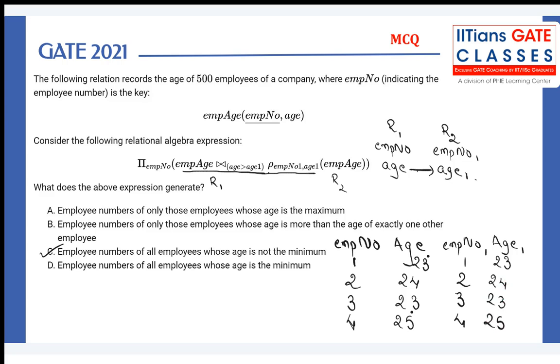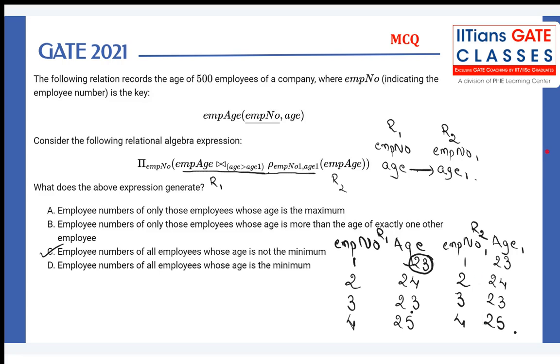And you are trying to do a join based on the condition that the age is greater than age 1. So first look at the first row of R1. So this is R1, right? And this is R2. First look at the first row of R1. There is an age of 23. Is it greater than any of the ages here on R2?